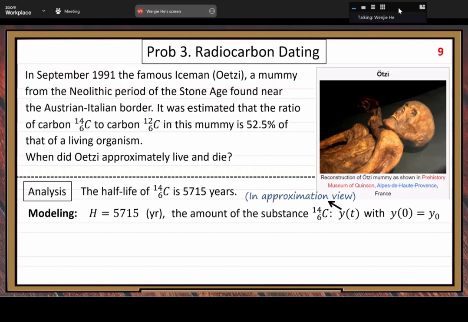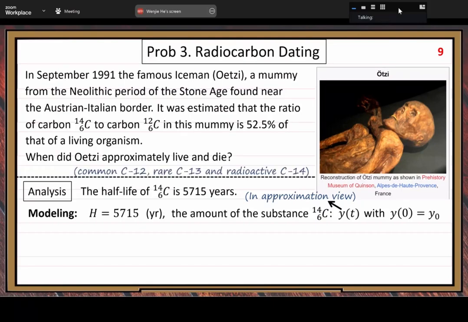Otherwise, it's too complicated. Sometimes in order to make our equation as simple as possible, we need to ignore some little quantities. Let me explain. What do we need to ignore?